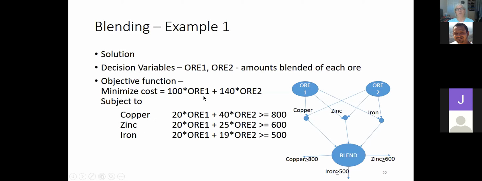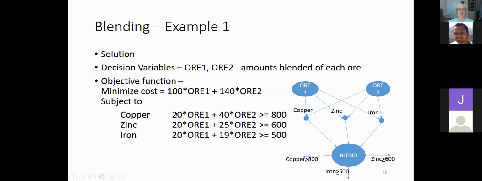The problem was cost minimization, because the cost per 100 pounds of ore1 and ore2 were provided, okay? And the amount of copper in the blend would be the amount per 100 pounds of ore1 of copper, and 40, that's for ore2.